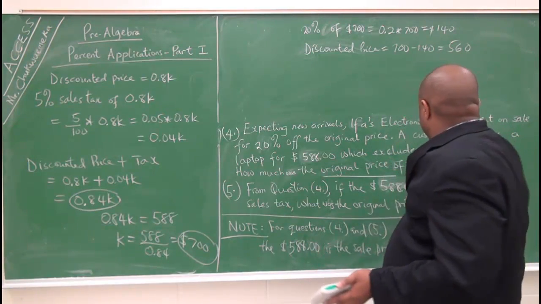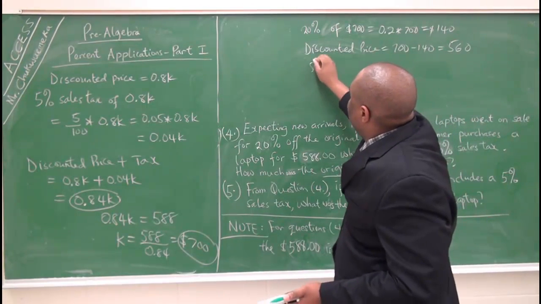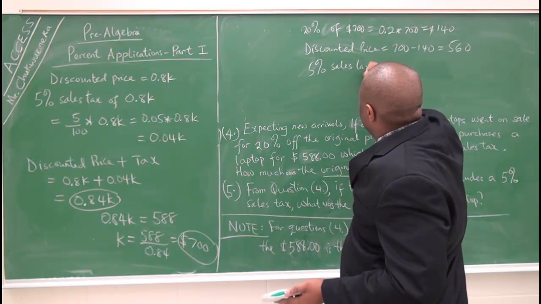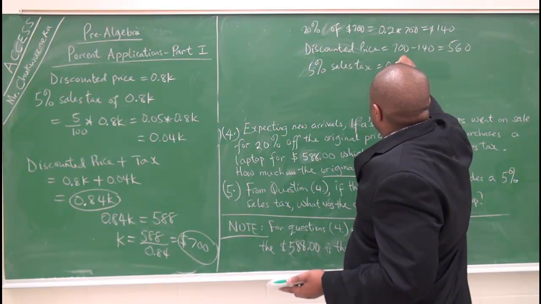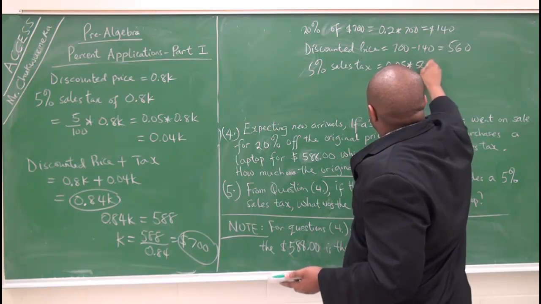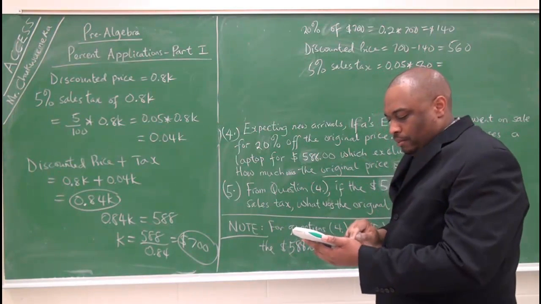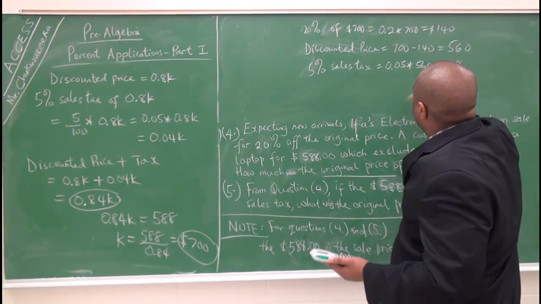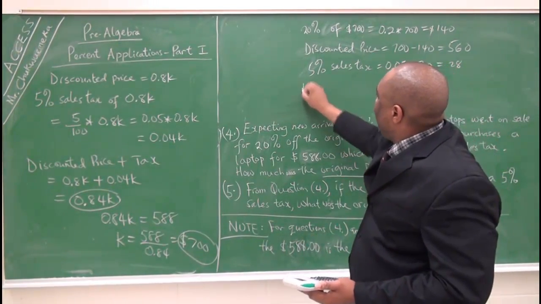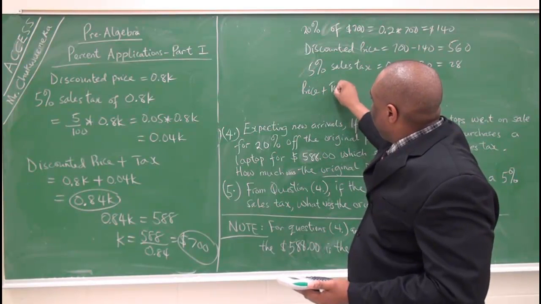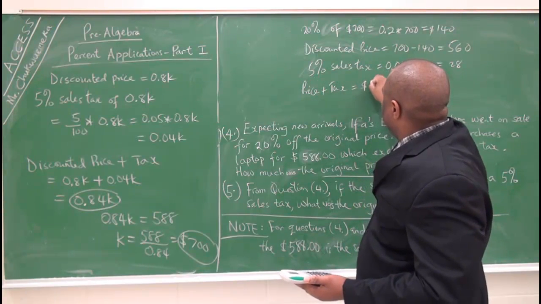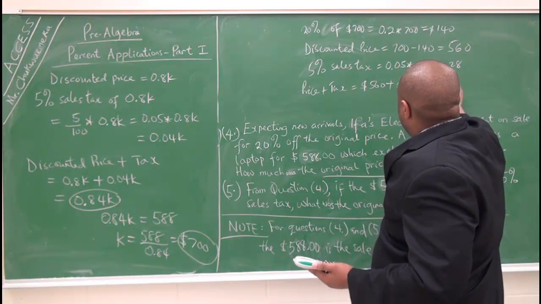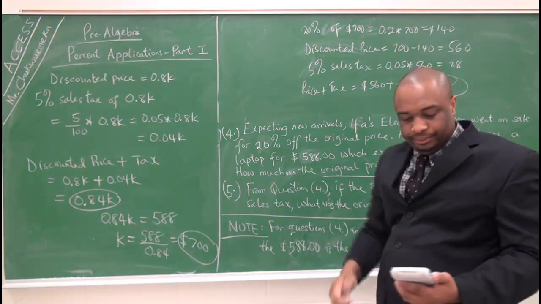Then you now do the 5% sales tax. 5% sales tax will be 0.05 times 560, and that is 28. So now the price plus tax, because tax is included, will be 560 plus $28, and that gives us 588. What we got here.